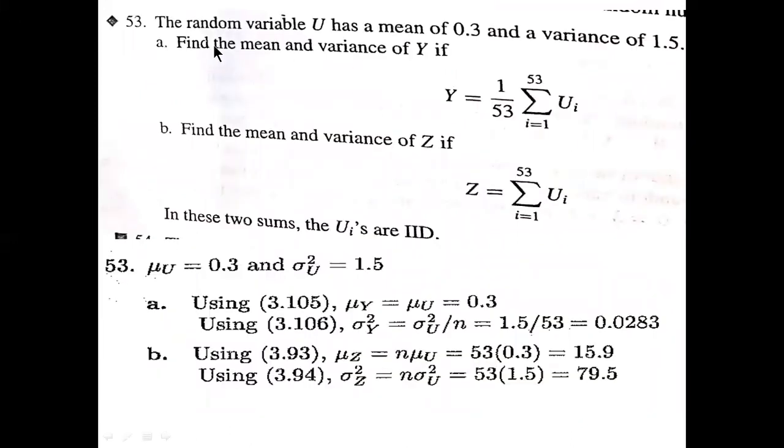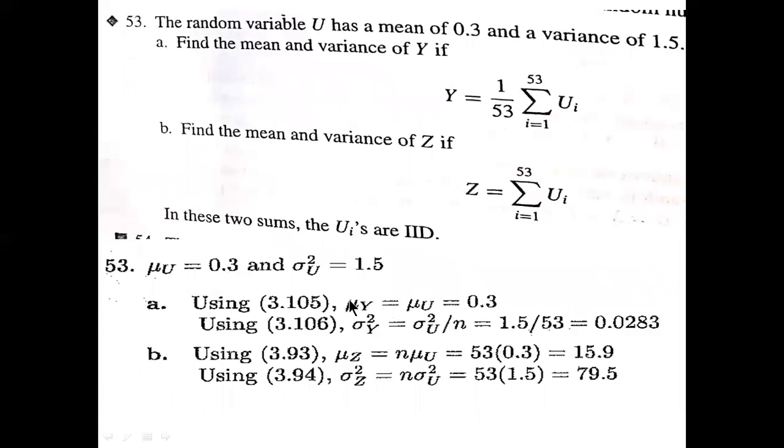Let us take one more problem. The random variable u has a mean of 0.3 and variance of 1.5. Find the mean and the variance of y if y is defined like this. So here it is averaging. We are given mu u is equal to 0.3 and sigma u squared is equal to 1.5. Here, this is the average.